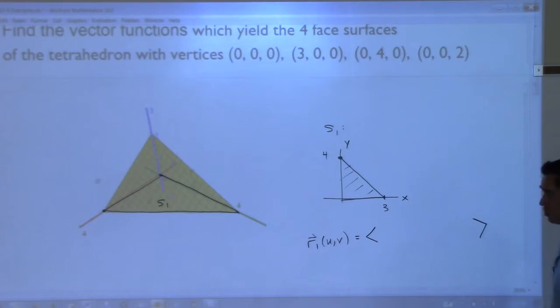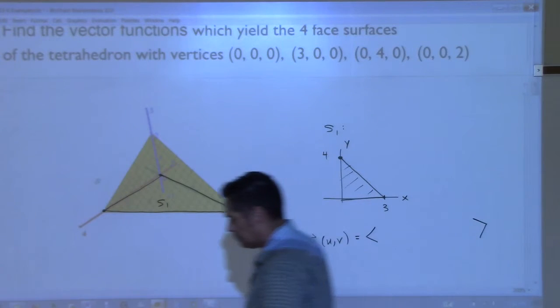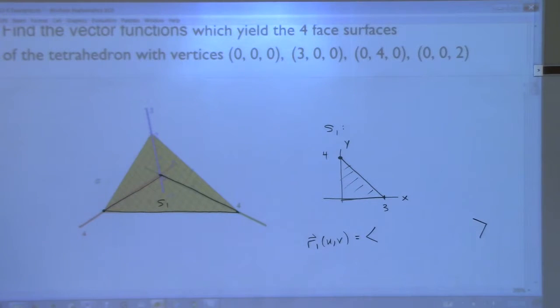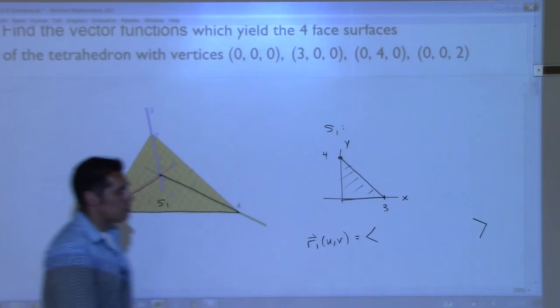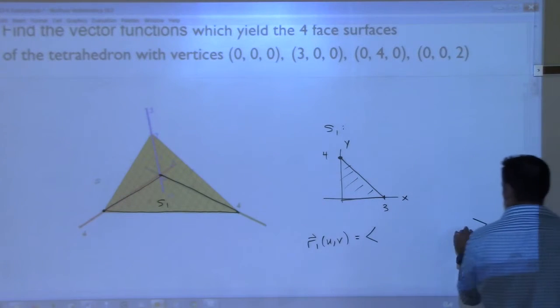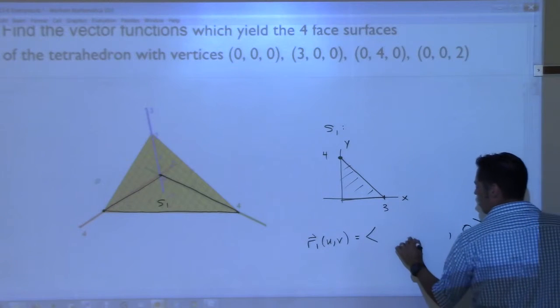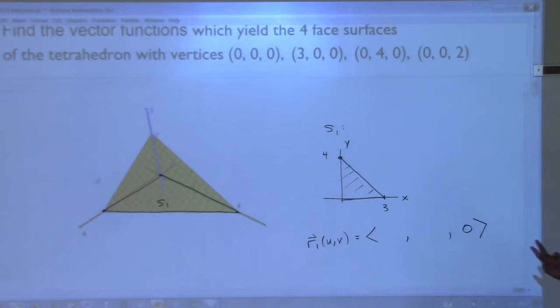Is there anything you know for sure about this? Z is 0, right? Z is 0 because we're on the ground. And now you have full control over two variables at this point. So what would you like to do here?